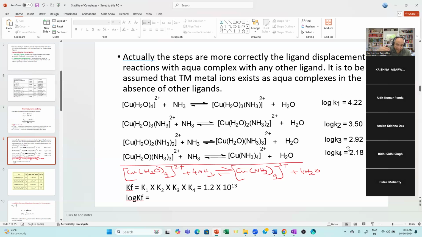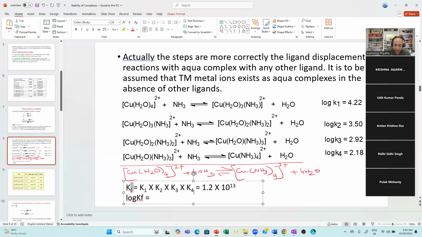And finally, if you want this complex, I told you that if they are given a chance, they will remain in tetra-coordinated form, d8, d9, d10. But they can also give hexa-coordinated, particularly d8 and d9. d10 is a very rare possibility. So the overall formation constant is the product of all these. It is coming 1.2 × 10^13.